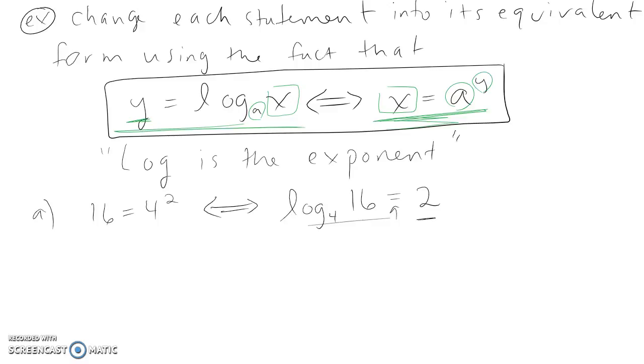So the log base 4 to get 16 is the exponent 2. And that's exactly what this says: base 4 to get 16 is 2, that exponent. So the log is the exponent. I'm just translating this sentence. The log is the exponent, and the exponent over here is 2.